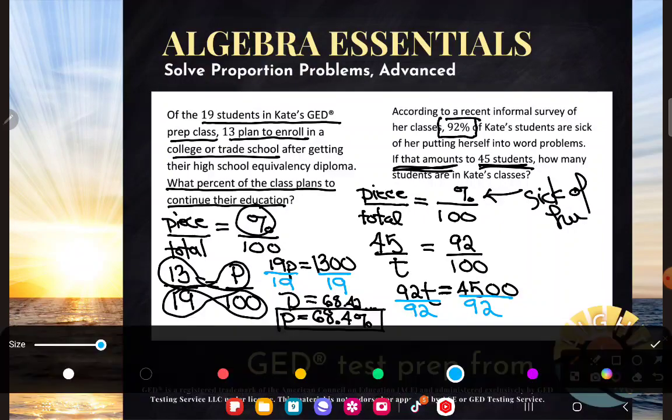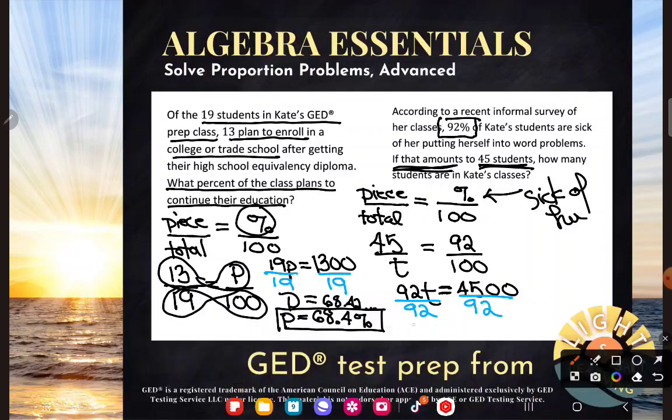We'll keep our balance by doing it on both sides. And then t is equivalent to 4,500 divided by 92, which is 48.913 and so on.